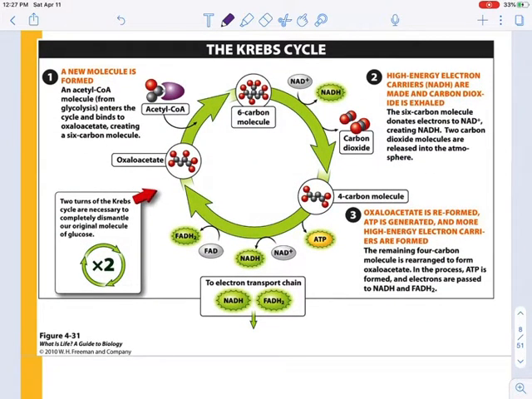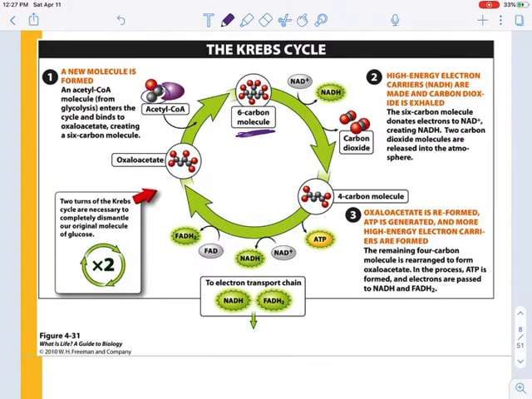And this is the bio for non-majors view of the Krebs cycle. And again, at least a bio 101 view, then you can get pretty far. We have a 4-carbon oxaloacetate, 1, 2, 3, 4 carbons of oxaloacetate. We're going to add the 2 carbons from the acetyl group to form a 6-carbon molecule, citrate.